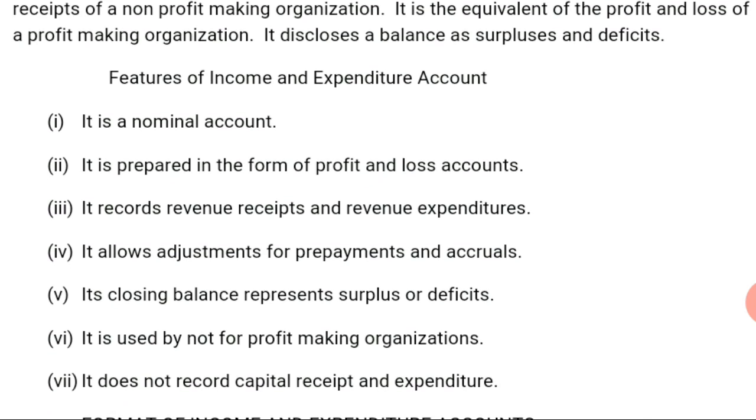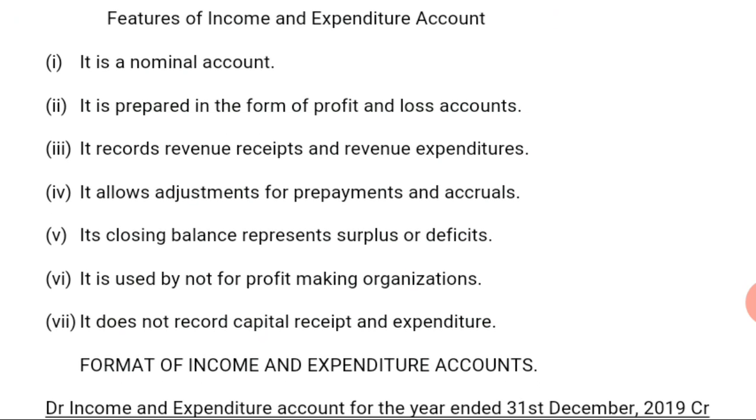It is prepared in the form of a profit and loss account. As we said earlier, it is the equivalent of the profit and loss account of a profit making organization. It records revenue receipts and revenue expenditure. That is, it's only revenue receipts and expenditure that can be found in an income and expenditure account.